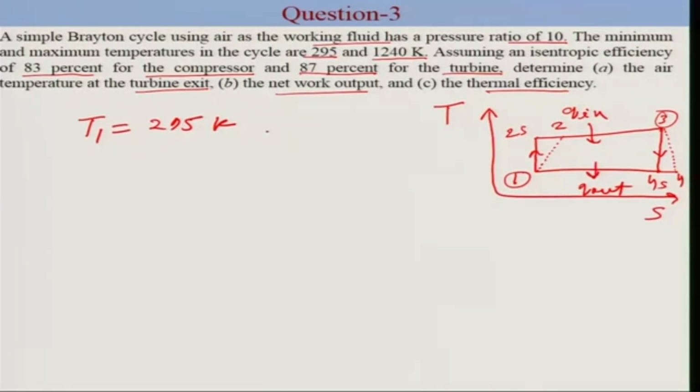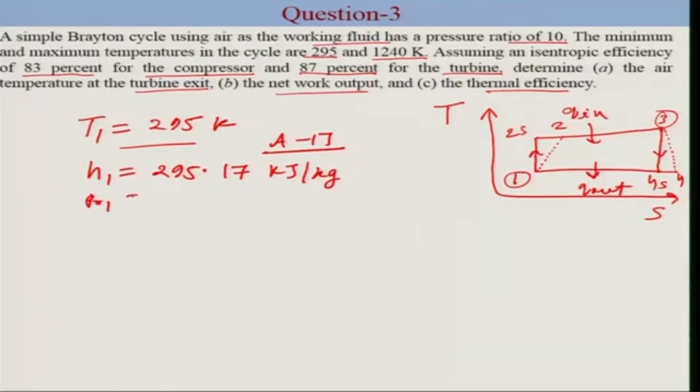So, from the table A17 corresponding to this temperature, we can get enthalpy equal to 295.17 kilojoule per kg. Corresponding reduced pressure will be 1.3068. Now, to get enthalpy at 2s, P reduced at the second state will be P2 upon P1 times PR1.